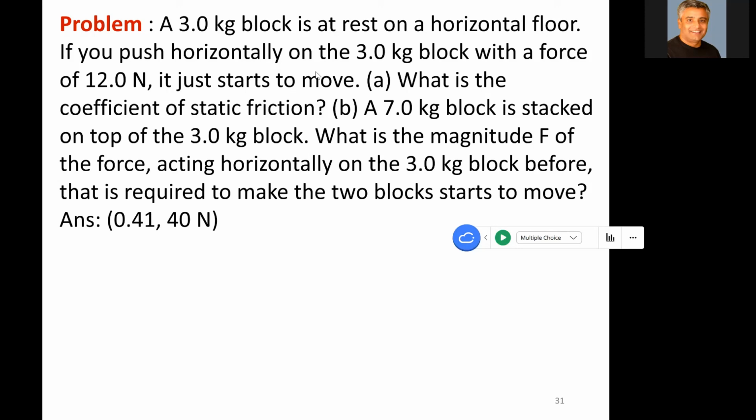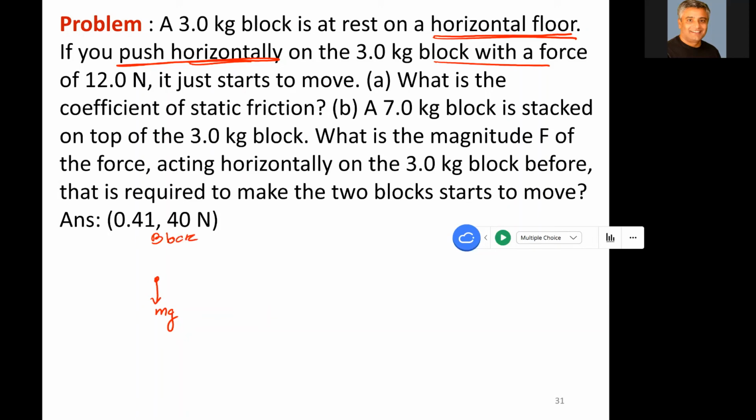So there is this block on the floor, right? And there is a horizontal push force on the block. Let's say its mass is M, so I'm drawing the free body diagram of the block.